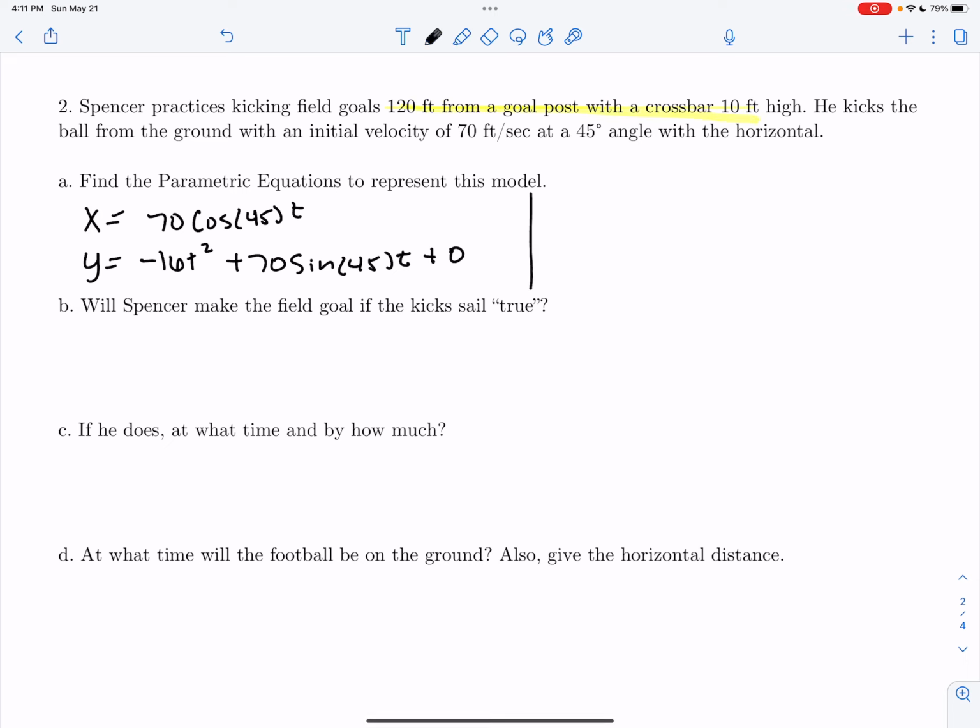So I'm going to have X be 120, which basically represents that it's 120 feet away. And then I'm going to have Y be 10. And then t over t max, whatever my t max is. And there is a reason why I have t over t max. And I'll explain whenever we type this into the calculator.